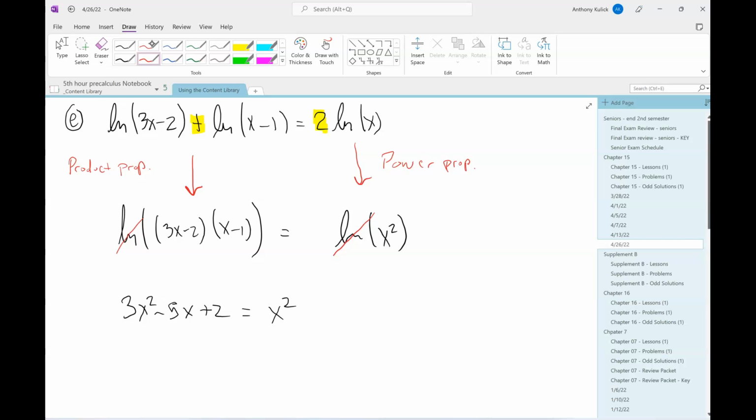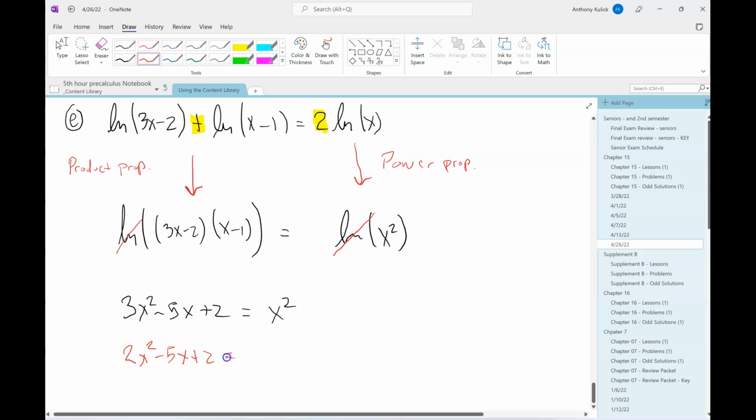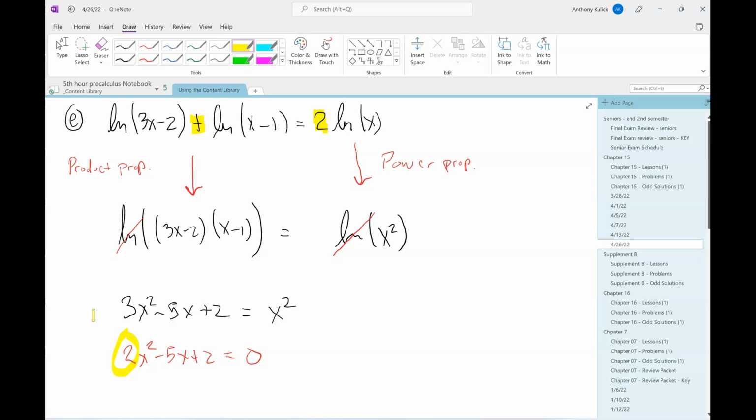To solve a quadratic equation, it must equal 0. So let's subtract x squared from both sides. Then we could either try to factor this, or we could use the quadratic formula. Since the leading coefficient is not 1 in this case, factoring is going to be a long hassle and isn't even guaranteed to work. So I would just go straight to the quadratic formula here.